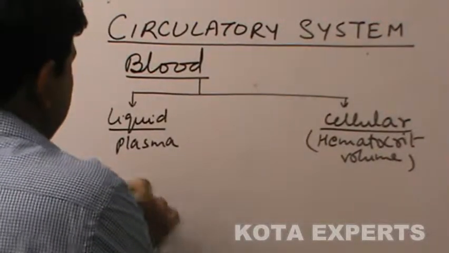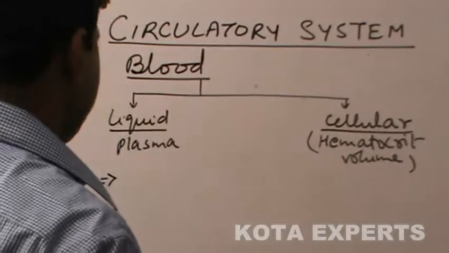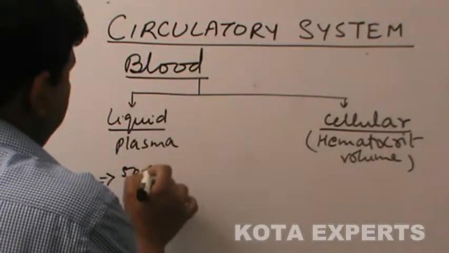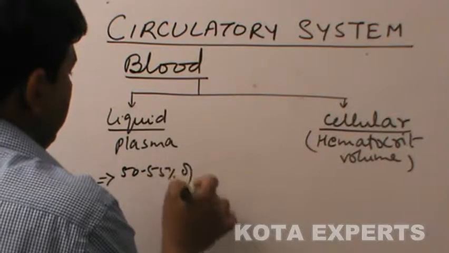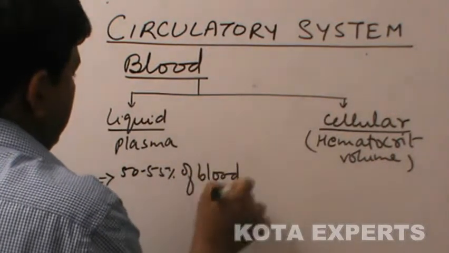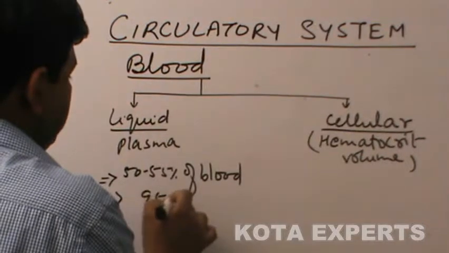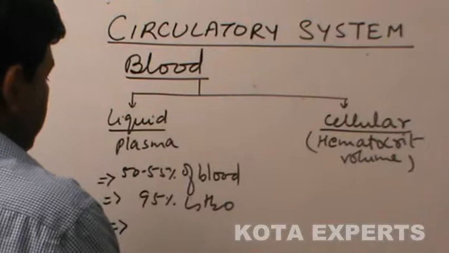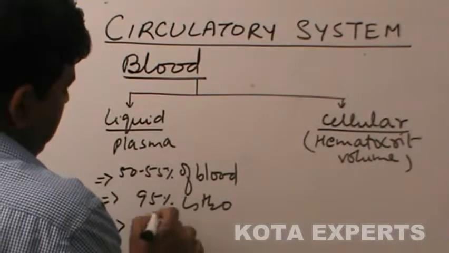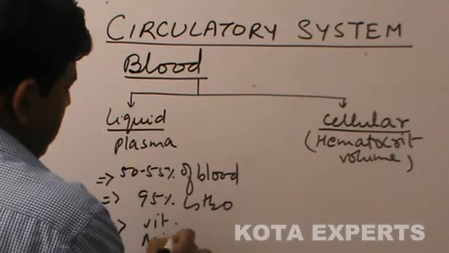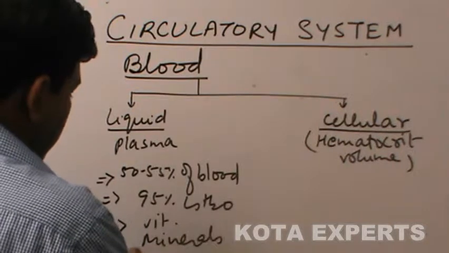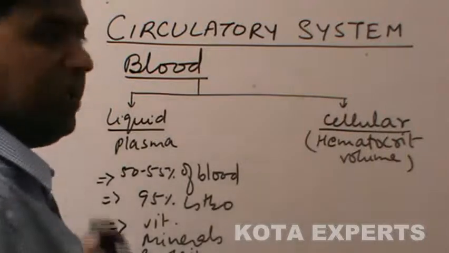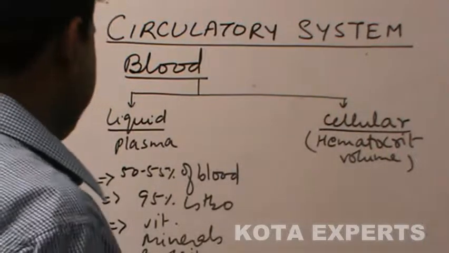Now, this liquid part comprises about 50 to 55% of blood, and 95% of it is water and contains different types of vitamins, minerals and proteins.